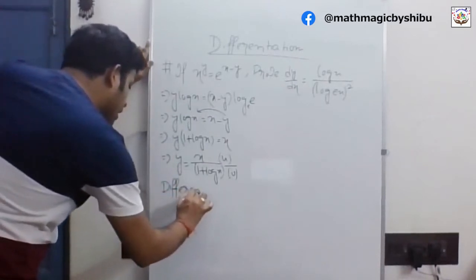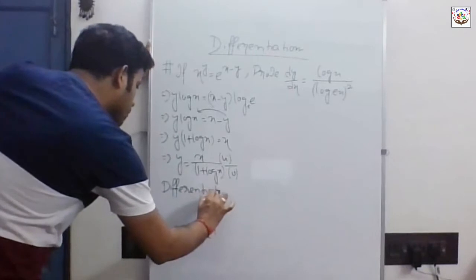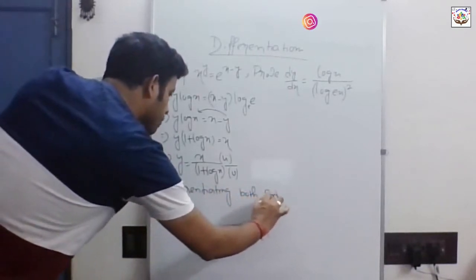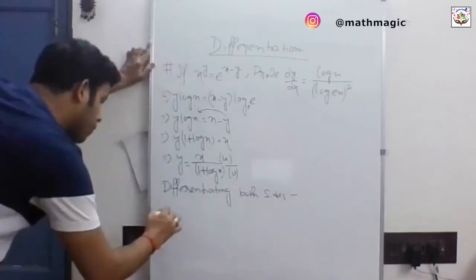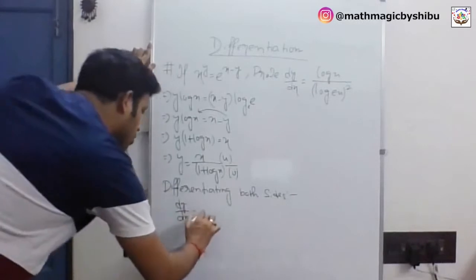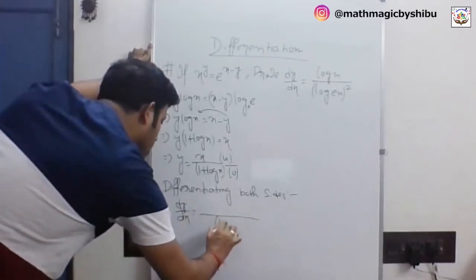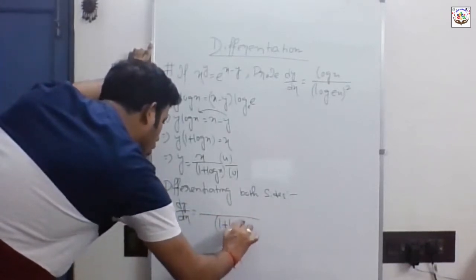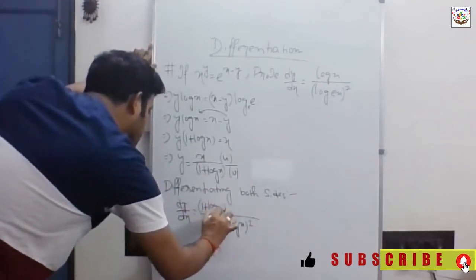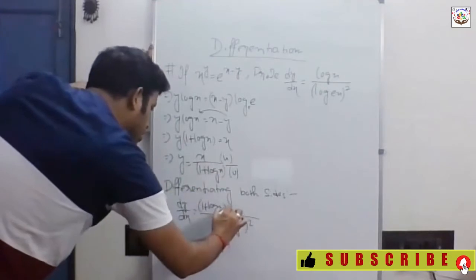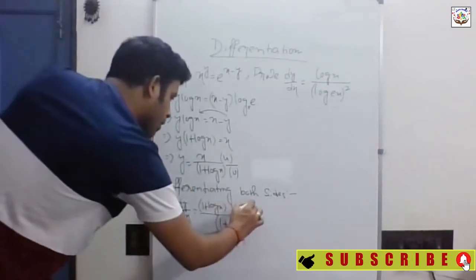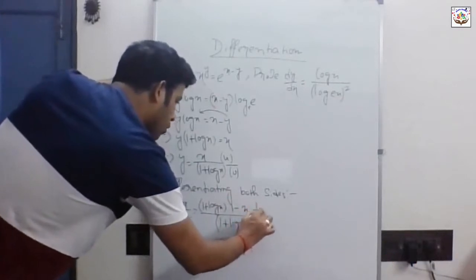Now differentiating both sides, what will we get? We'll get dy/dx equals v square, which is (1 plus log x) whole square, v as constant, the derivative of x is 1, minus x constant, the derivative of 1 plus log x would be 1 by x only. Why?